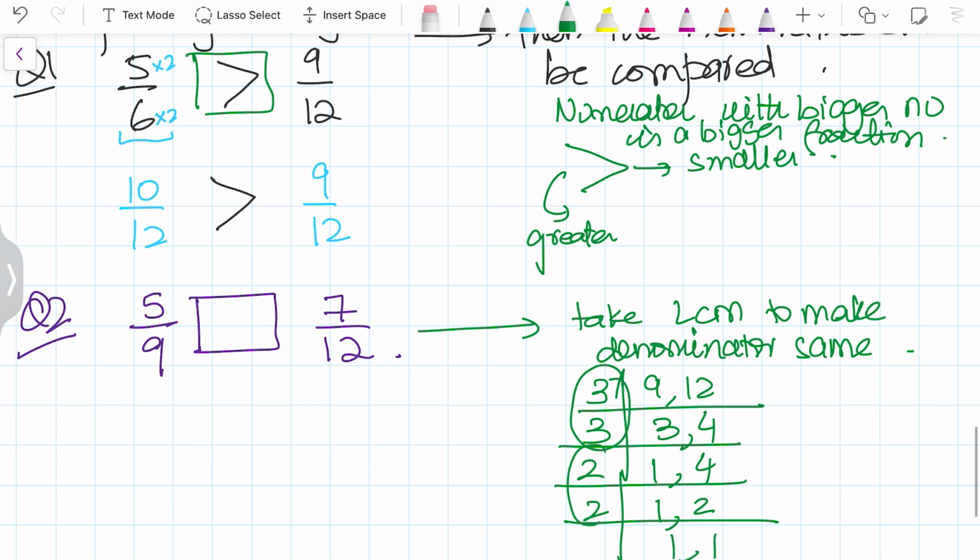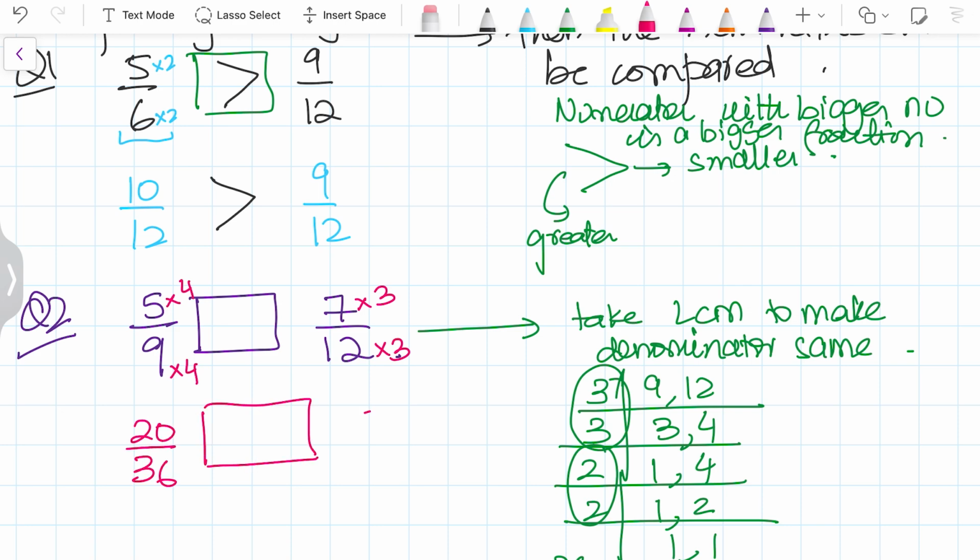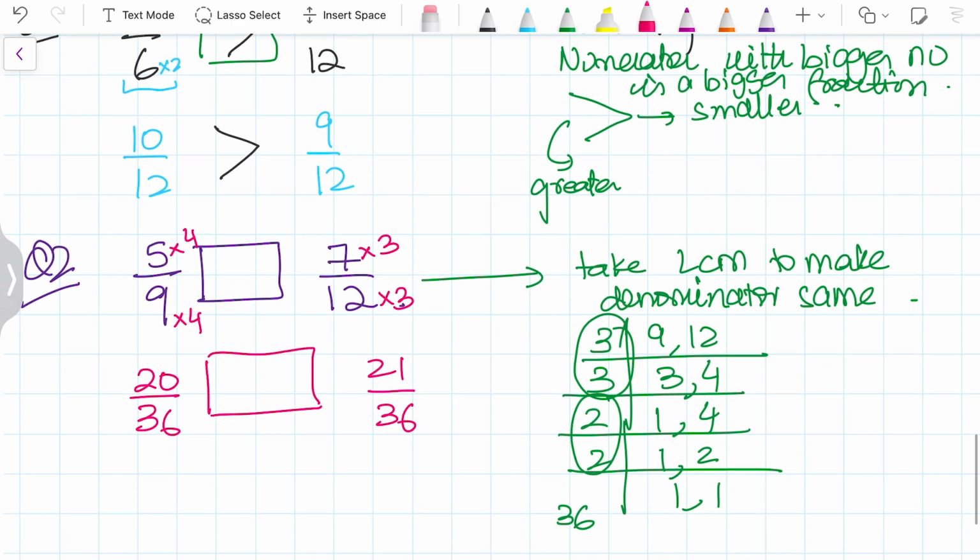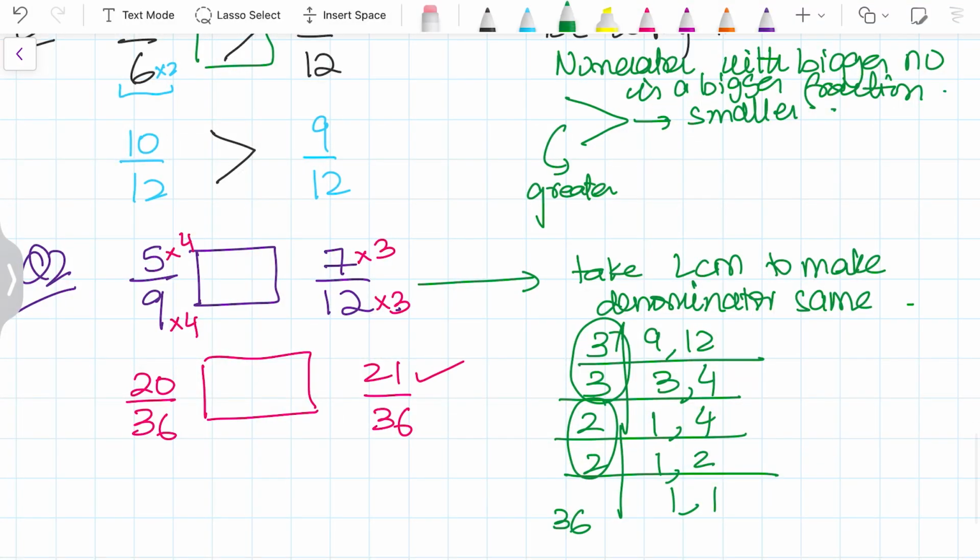So 9 and 4, it's a 36. 12 times 3, 9 times 4. You get the 36. 20 upon 36, 21 upon 36. It's very clear that this is a bigger numerator. So this is how my sign will look like.